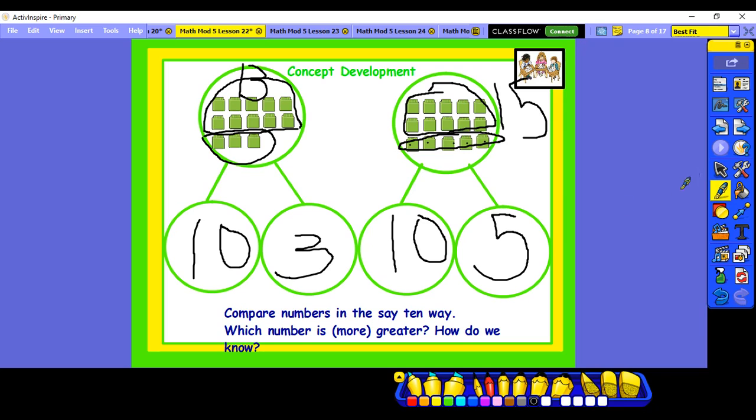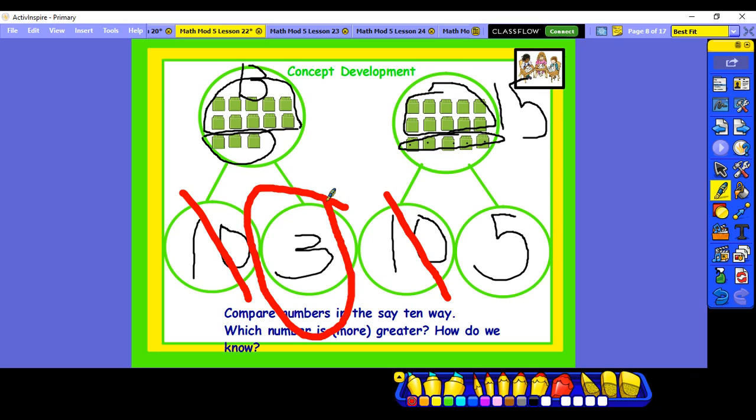So just like Matt and Lisa's pockets, I can't compare the 10s to figure out which amount is greater. They're exactly the same. So I need to focus on what is left over. Whichever number is more or greater with my leftover ones makes the whole team number greater.